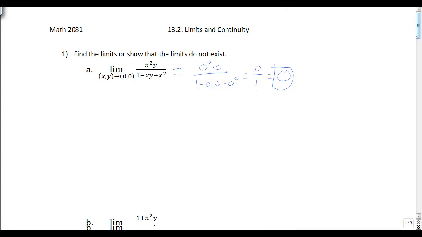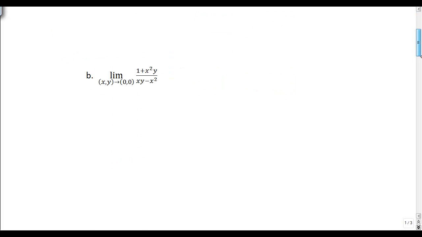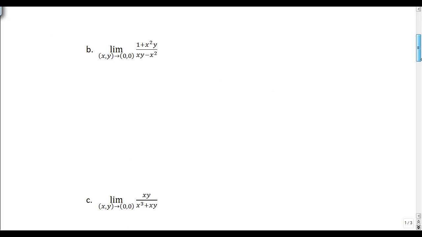Let's do the next one. That one was pretty straightforward. Next one, things are going to get a little bit worse here. I'm going to just try and plug in 0, 0 again. When you do that, you're going to get 1 plus 0 squared times 0 over 0 times 0 minus 0 squared. I get a 1 on top, and then 0 minus 0 really has 0 on the bottom.